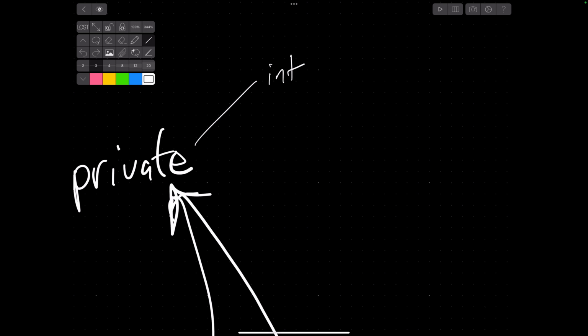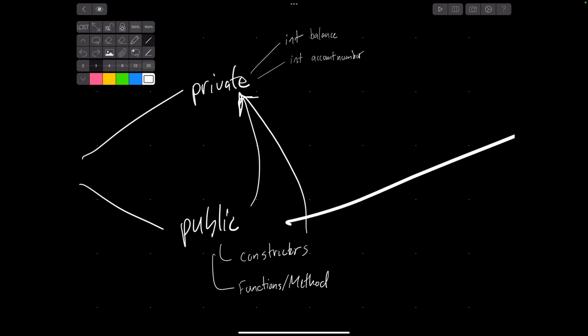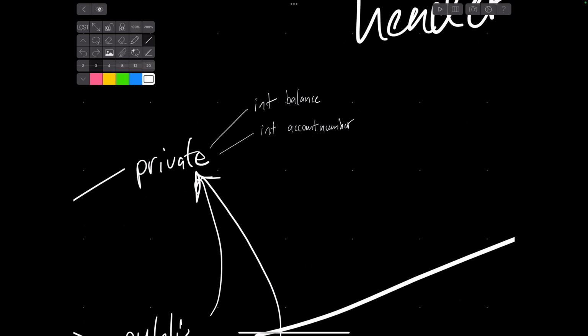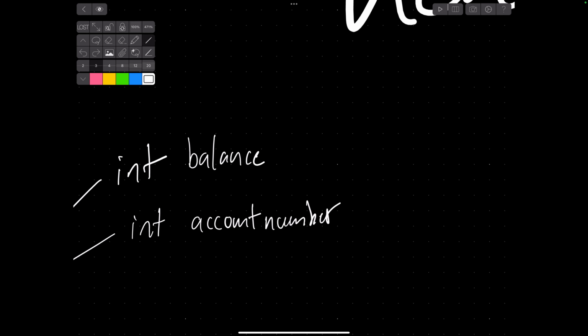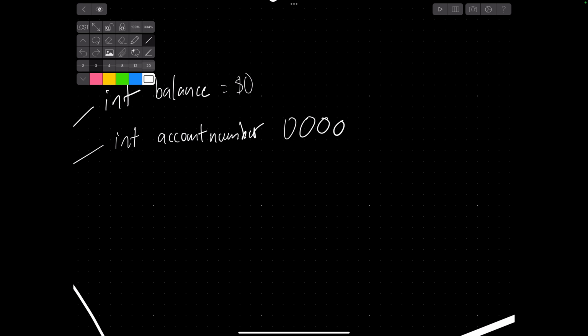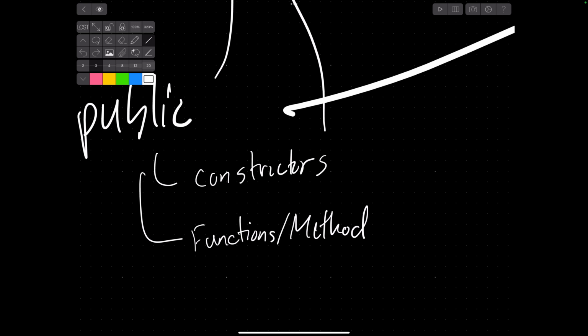They start them up. For example, I'm just going to do a bank account example because that's what's given in 1181 and it makes a lot of sense. So the constructor would start off and initialize a balance to 0 and then generate an account number. That's what the constructor does.